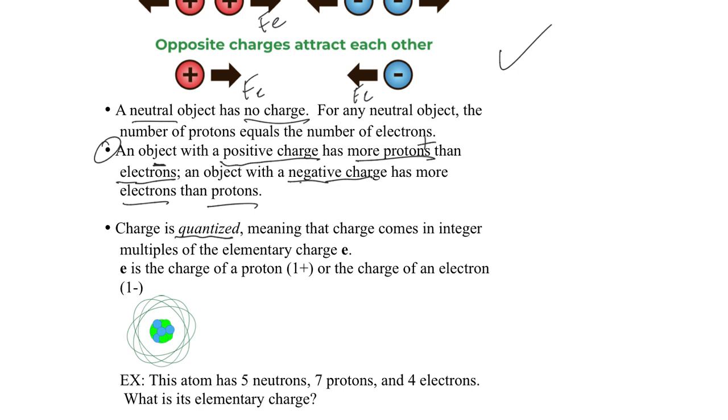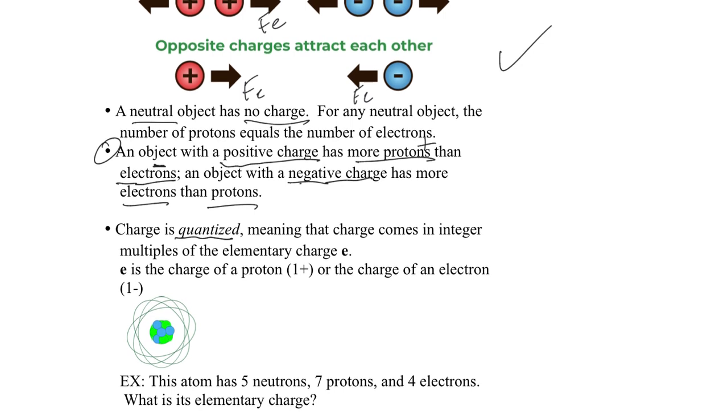So in chemistry, you talked about, for example, aluminum having a 3 plus charge, aluminum ion. Okay, that means aluminum has 3 more protons than electrons. Or aluminum ion, 3 plus, has 3 fewer electrons than protons.